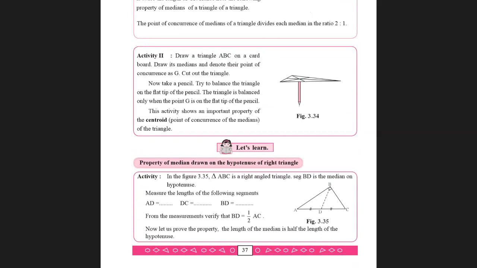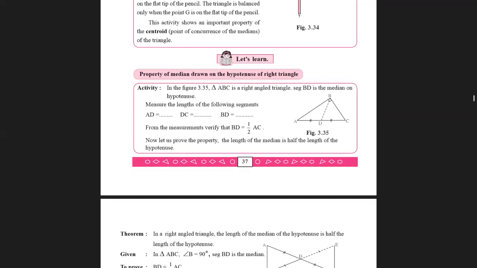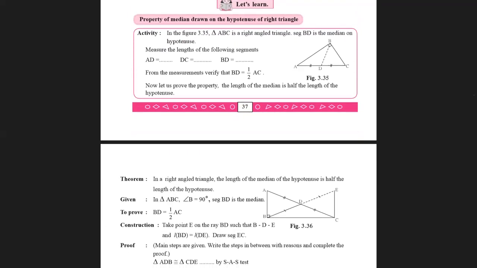So this is an important property of the centroid of a triangle. Now, property of median drawn on the hypotenuse of a right angle triangle. What this activity says, if you have triangle ABC, which is a right angle triangle, and segment BD is the median, if you were to measure the length of AD, DC and BD, you will find BD is equal to half of AC.